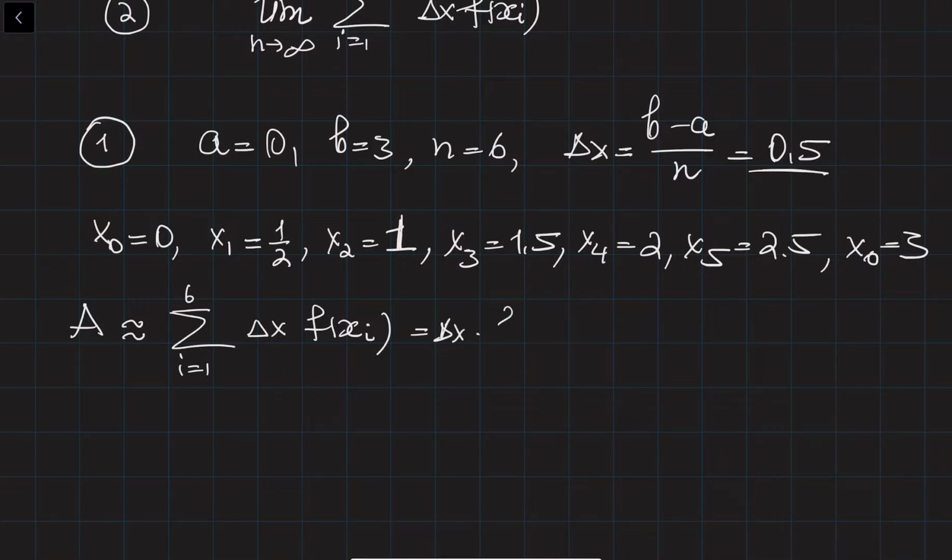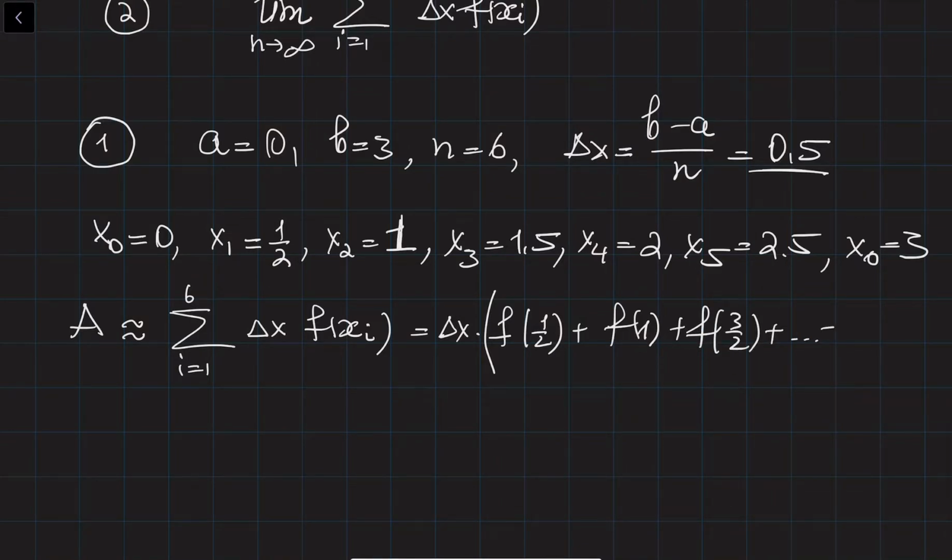It's going to be delta x times f of x1, which is 1 over 2, plus f of x2, which is 1, plus 3 over 2, and so on, plus f of 3.